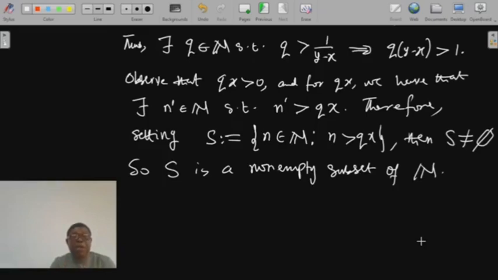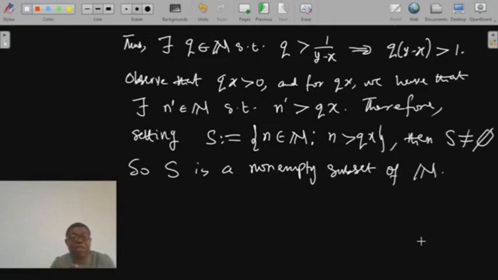That property is that the set of natural numbers is what we call well ordered. To understand this, one can search up the well-ordering principle.